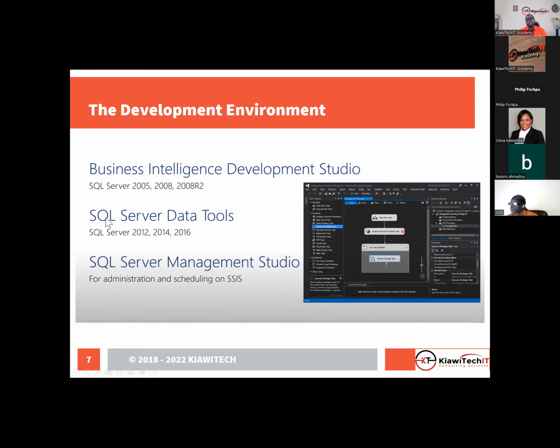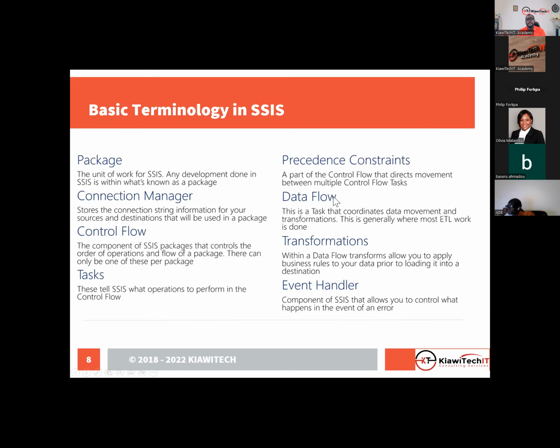Then it went to SQL Server Data Tools all the way to 2016. Right now, you can use SQL Server Management Studio for administration and scheduling. Today, we have Visual Studio that we can use to build our packages.